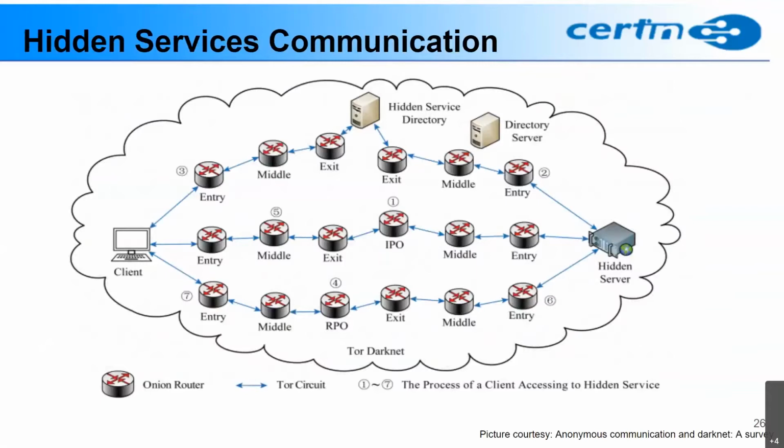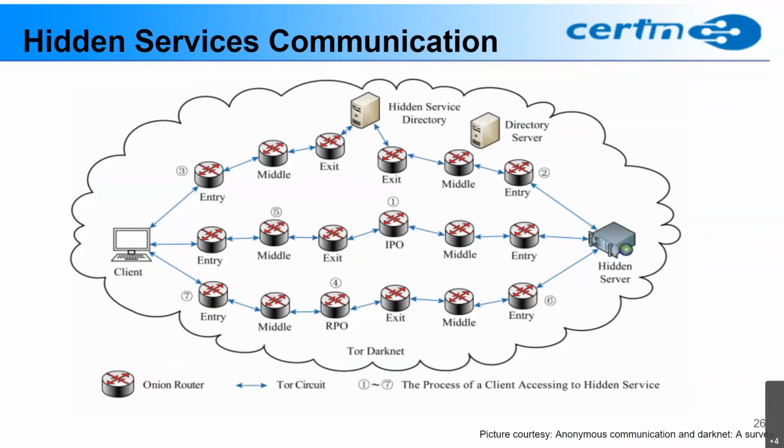To create such a website, first it will create its address, which will end with .onion, and it will register itself with a directory server. At the directory server, it will announce that this is my website, which can be accessed using some topology.